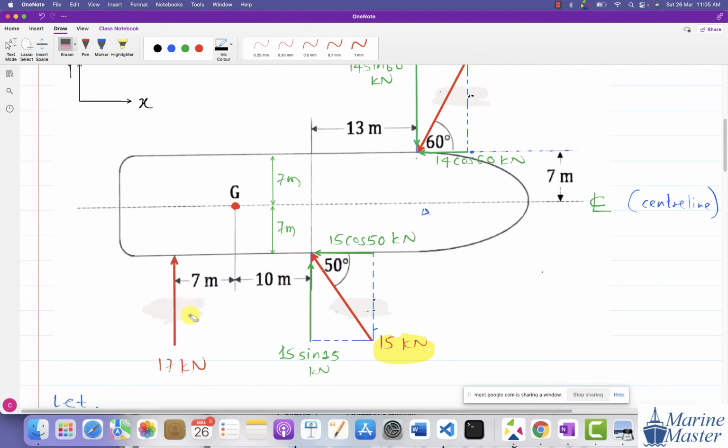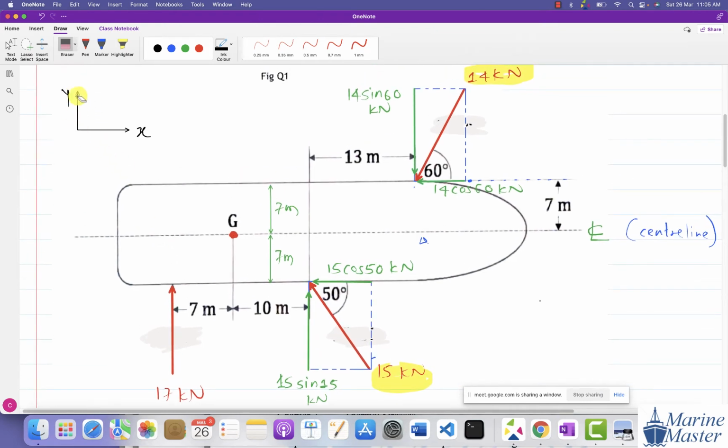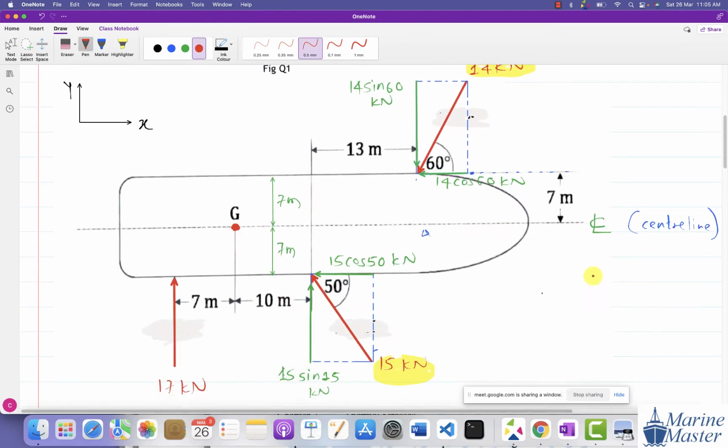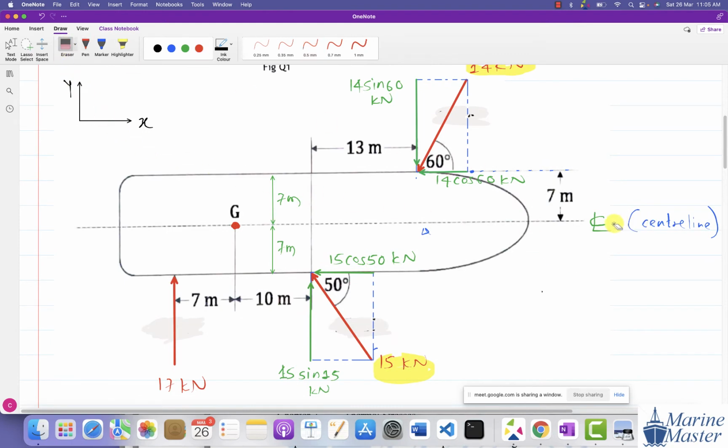It will not have any component because it acts directly in the y direction. This is the center line of the ship, and in future, when you study naval subjects, the center line of the ship is denoted by this symbol.